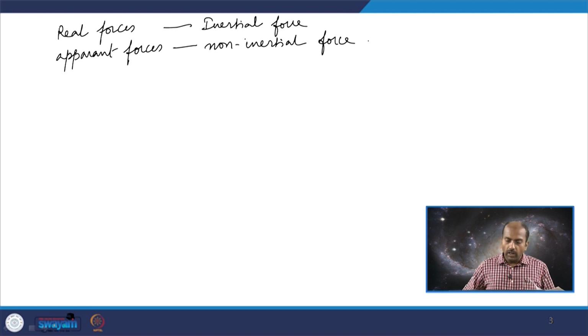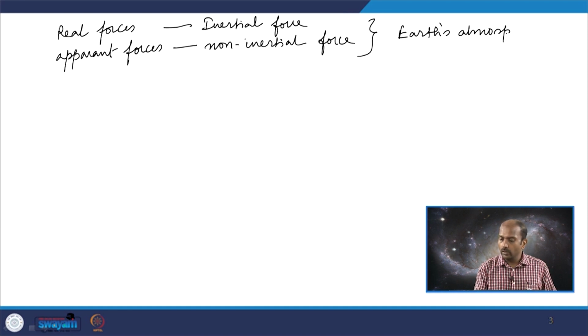It is important to understand that in our system, the Earth's atmosphere, both of these forces are very much relevant and will exist to various degrees.